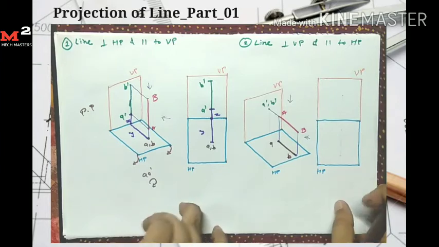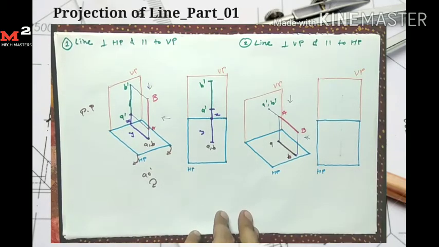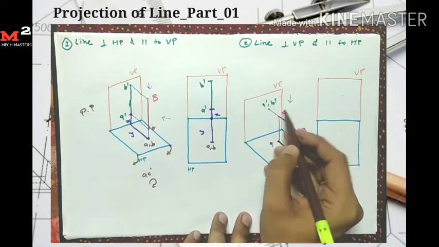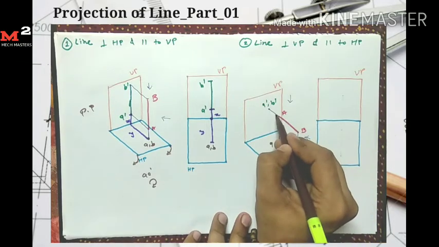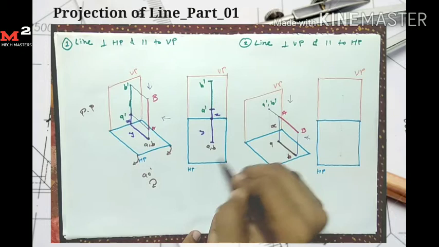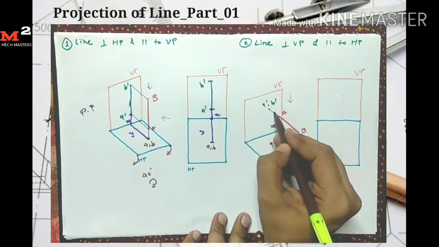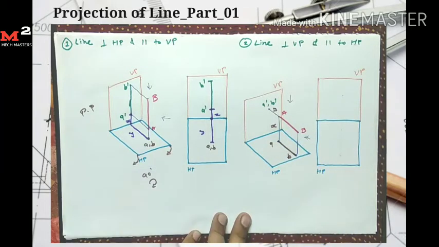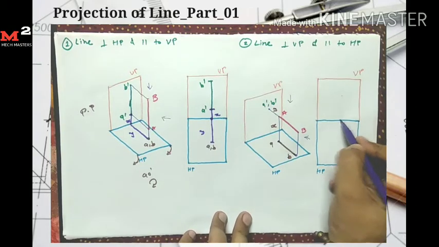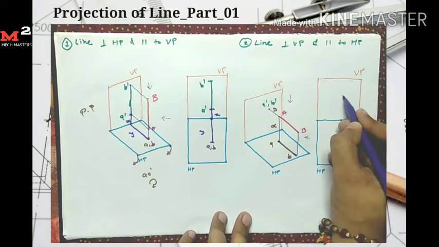Okay, now draw the orthographic presentation. Here, for example, point A is x mm above the HP and y mm in front of VP. So here from reference line I measure the x mm distance and mark the point at here.